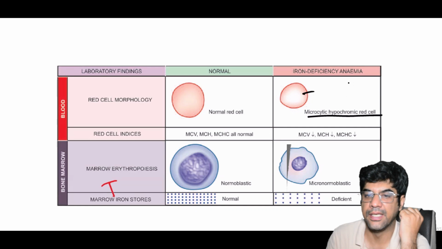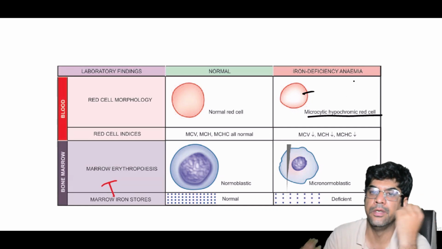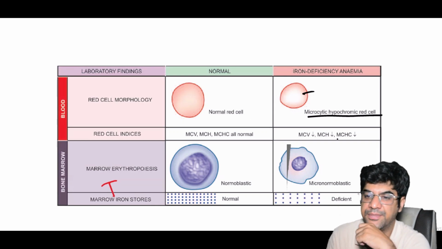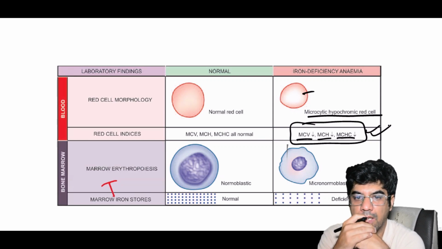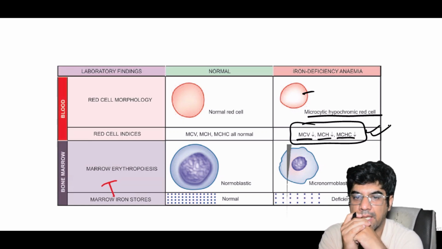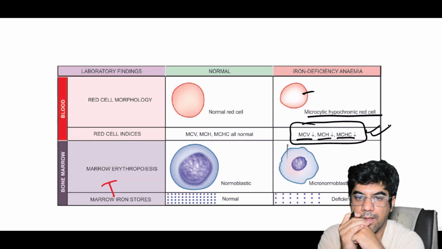Remember, the reticulocytes are either normal or they may be reduced. The MCV, MCH and MCHC are all reduced. The platelet count is usually normal. The total and differential WBC count are again normal.